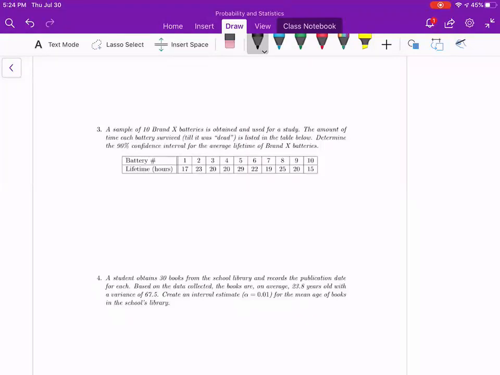All right, so you guys had time to look at this, think about it, compare it to the first one. And what you noticed is that sigma is unknown, but we have sample data.